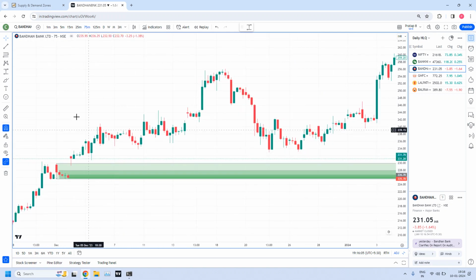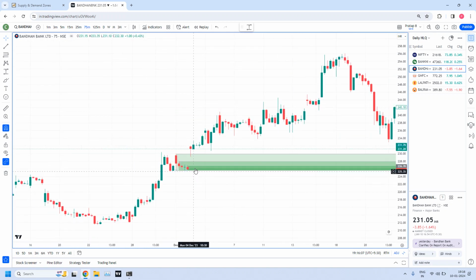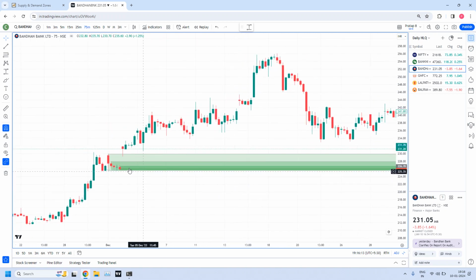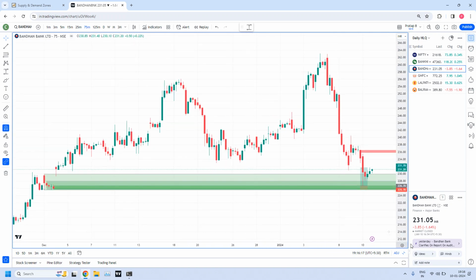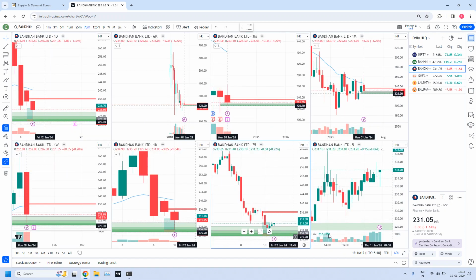Here we have identified a drop base and a rally, the hidden body rally candle. And inside this 75 minutes high liquidity zone, we identified a fresh 15-minute zone.